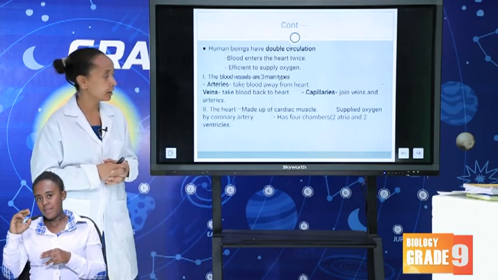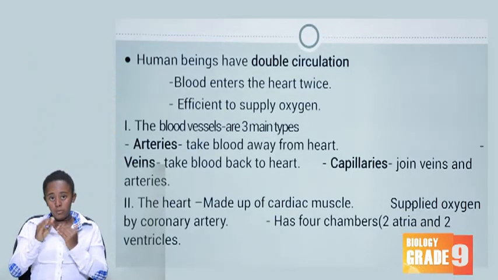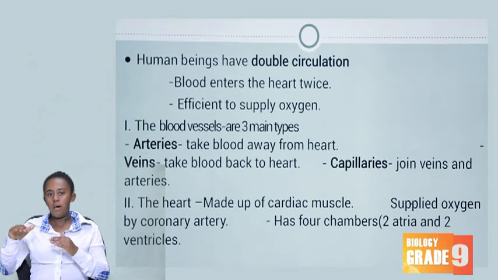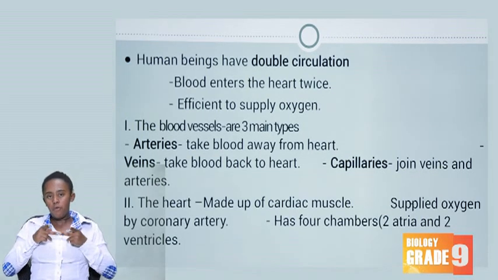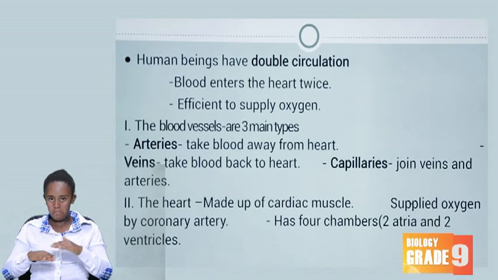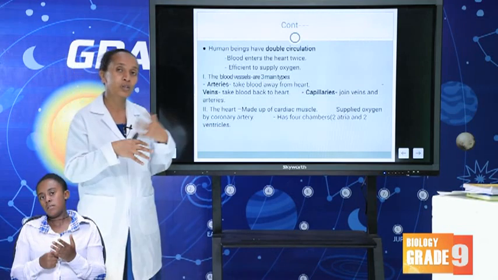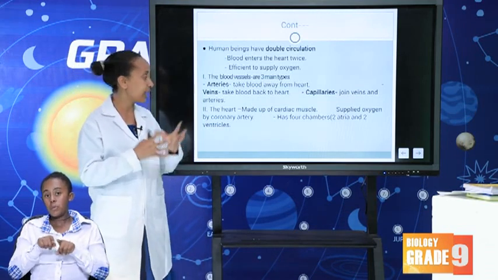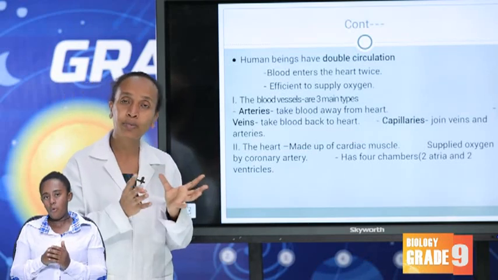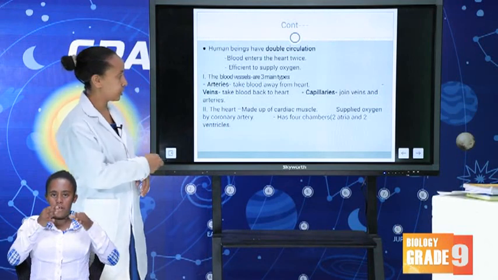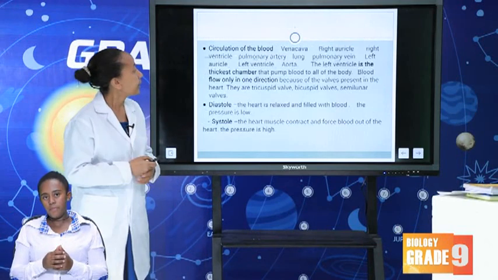The atria are situated on the upper part of the heart, and the ventricles are situated on the lower part of the heart. These structures are best suited for their function. Why? Because the atria found on the upper part will receive blood and transfer the blood to the ventricles.